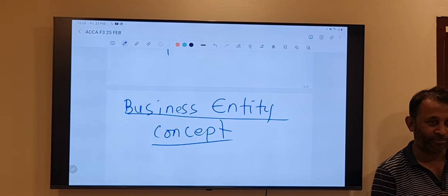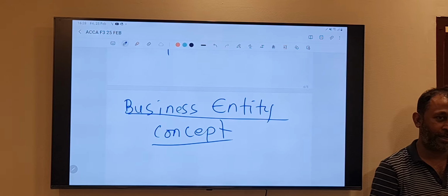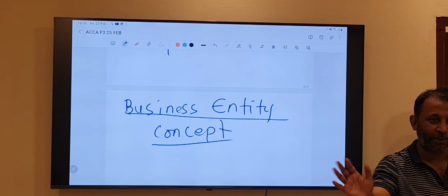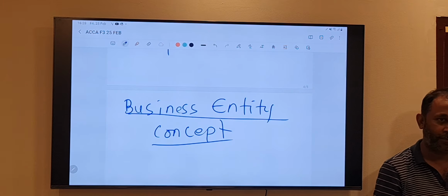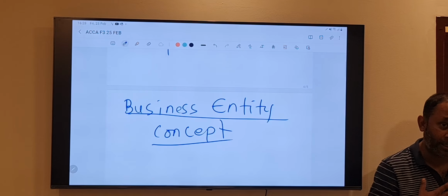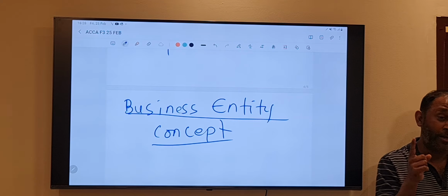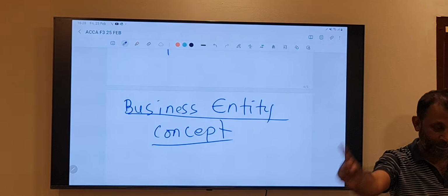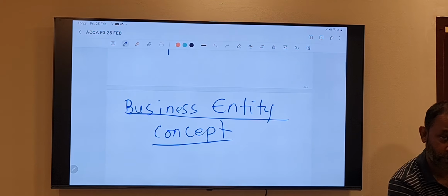Some grocery materials, 1 or 2 tables, a cash register. Should I keep everything and go, or take it? I will take it, because these belong to the owner. So any item that he brings to the business belongs to the owner.